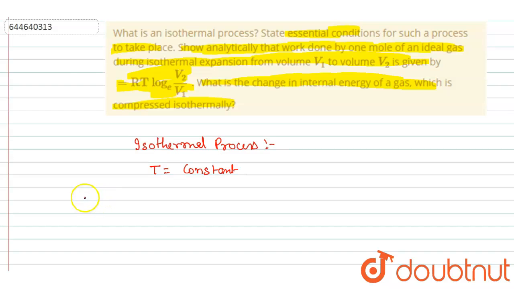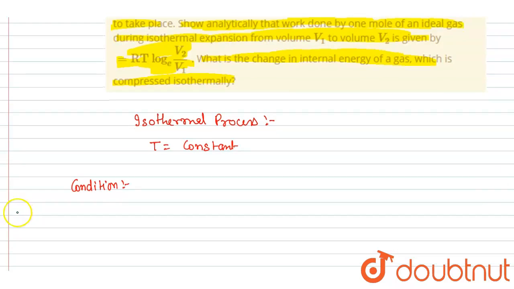So it should be carried out slowly, so that it could remain in thermal equilibrium with the surrounding.